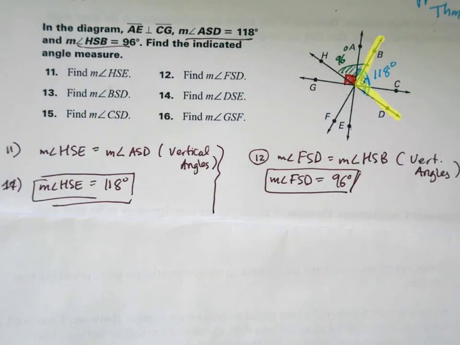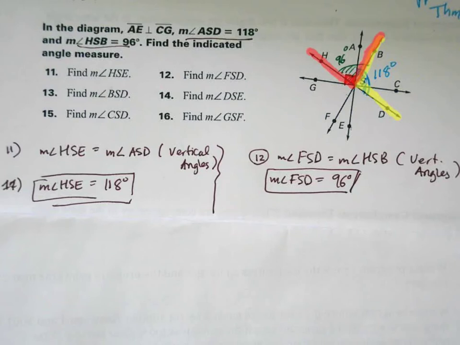So we look at this angle right here, HSB. Hopefully that doesn't clutter this picture too much, but you can see the yellow color and then the red color. Those two angles are supplementary because they form a linear pair.